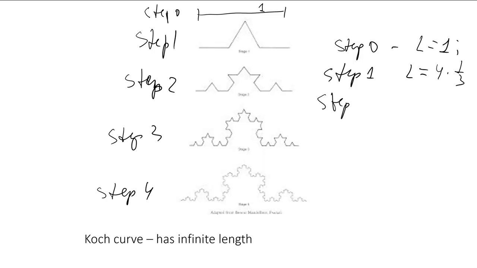At step 2, we now have 1, 2, 3, 4, 5, 6, 7, 8, 9, 10, 11, 12, 13, 14, 15, 16. So now we have 16 segments. Each of them has length 1/9.